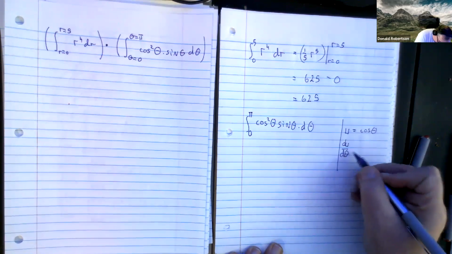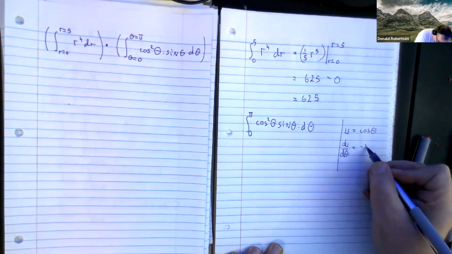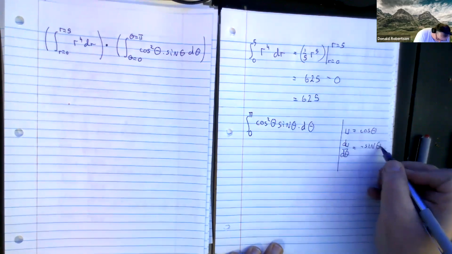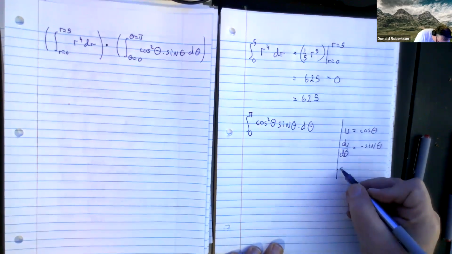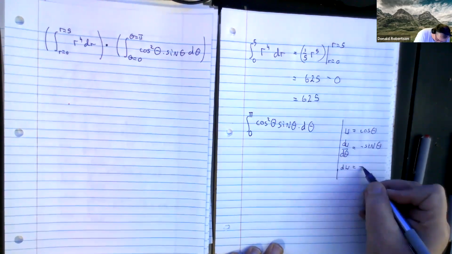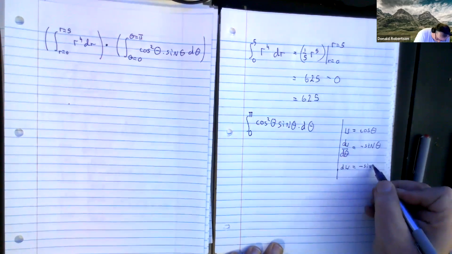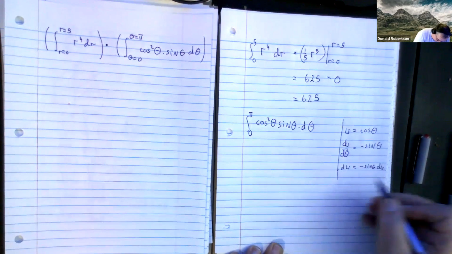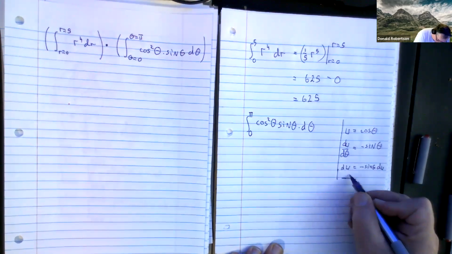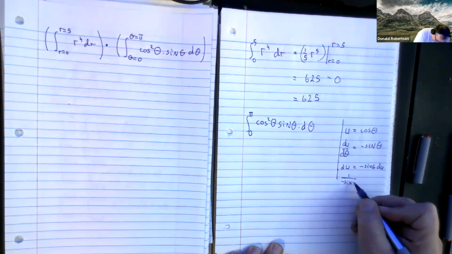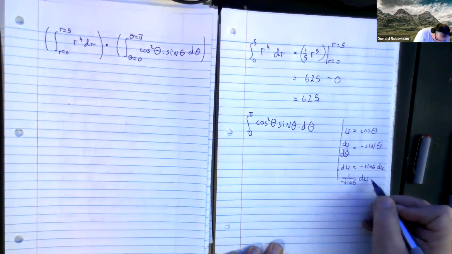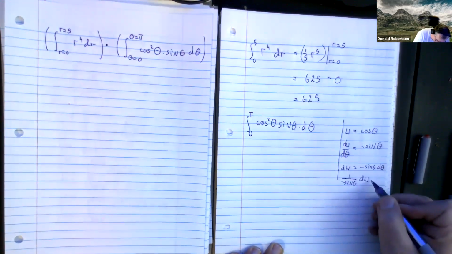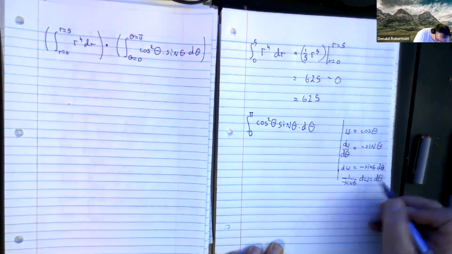Differentiate with respect to theta. We'll differentiate a cosine. You get a negative sine. Do the crossover. Divide both sides by negative sine theta, and we will isolate the du.